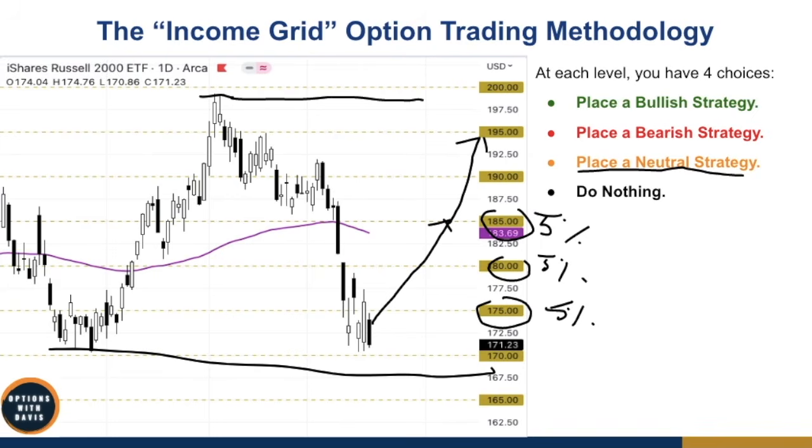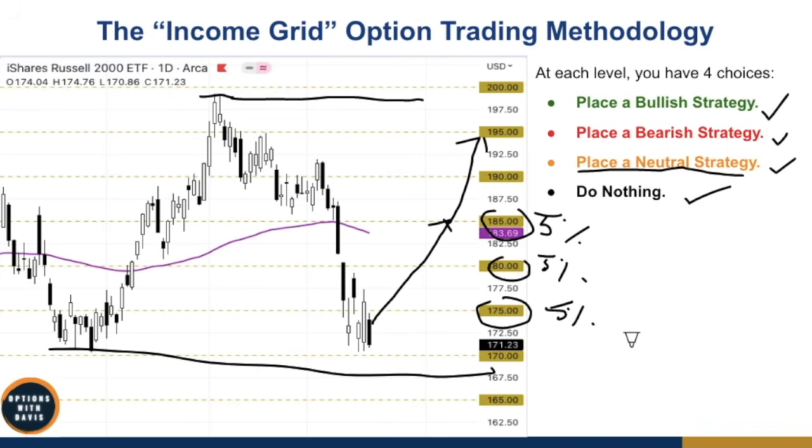So to just very quickly sum things up for you, the income grid option trading methodology is a way for you to easily identify opportunities on your chart, right, where you should enter into a trade. Each of these levels presents an opportunity to you where you have 4 choices, right? You can either place a bullish strategy, a bearish strategy, or a neutral strategy, or you can simply do nothing at all.